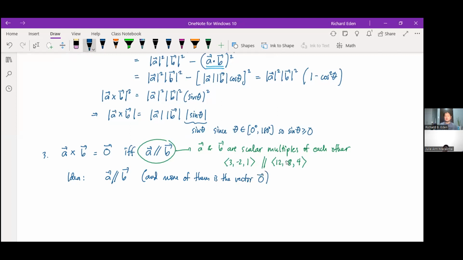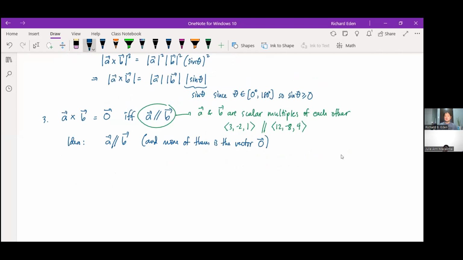The 0 vector, trivially, you can think of that as parallel to any vector, because the 0 vector is the scalar 0 multiplied to 3, -2, 1. So the 0 vector is trivially parallel to 3, -2, 1. All right? But if the zero vector is involved, then it's parallel to any vector, and its cross product with any vector is the zero vector anyway.